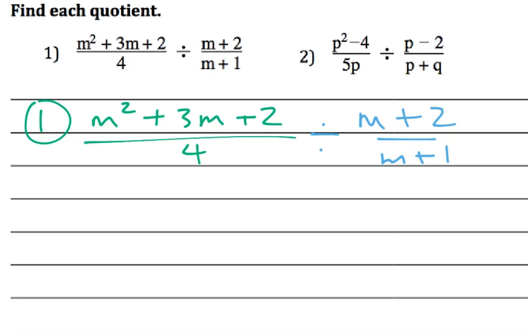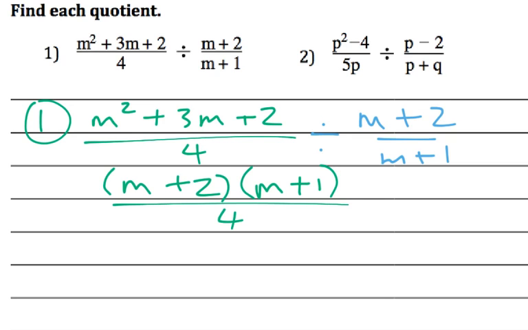Now I'm looking for the factors of 2 that add up to 3. So I'm going to rewrite the left fraction's numerator as (m + 2) times (m + 1) over 4. But now I'm going to rewrite the other fraction flipped because I'm dividing. I've already talked about that. I'm throwing some parentheses around this to help me see that m + 2 cancels out.